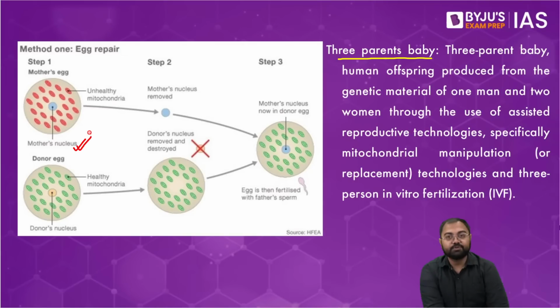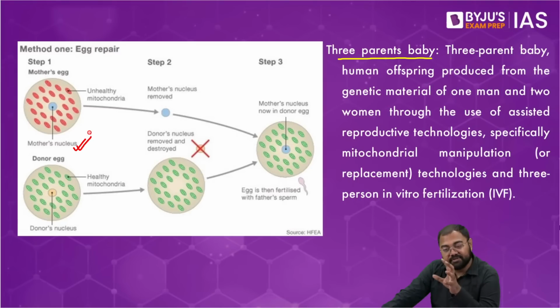So first and foremost, understand this, that mitochondria that we have in our cells, and we discussed about mitochondria yesterday also. So mitochondria in our cells, they are always transferred from the mother to the child. Father's mitochondria are never transferred to the child. It's always the mother's mitochondria. So even if the father's mitochondria are diseased, doesn't matter. Why doesn't matter?